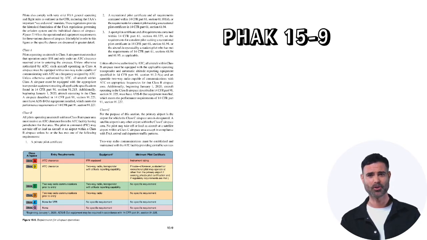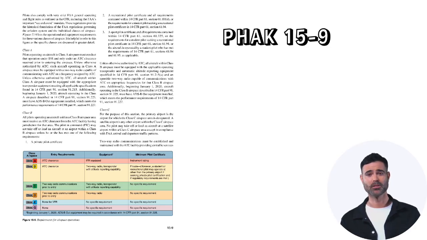2. A recreational pilot certificate and all requirements contained within 14 CFR Part 61, Section 61.101(d), or the requirements for a student pilot seeking a recreational pilot certificate in 14 CFR Part 61, Section 61.94. 3.